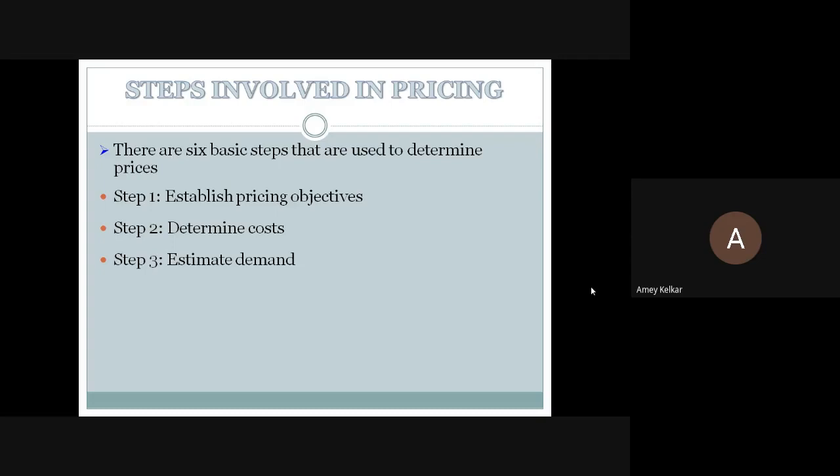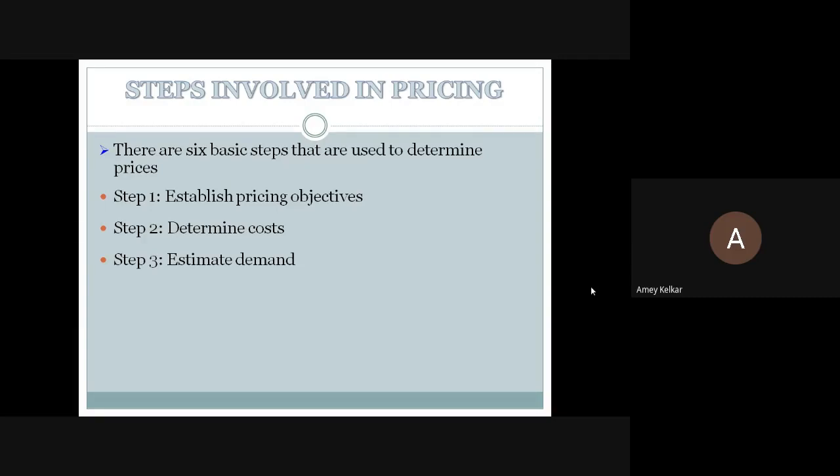Only Hyderabad is the city they named among the metros where housing demand has picked up even in this pandemic season. So these things will be affected by various different factors. Estimating the demand before setting the price is very, very important.